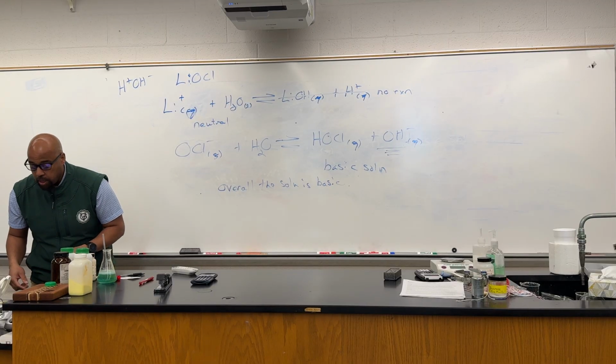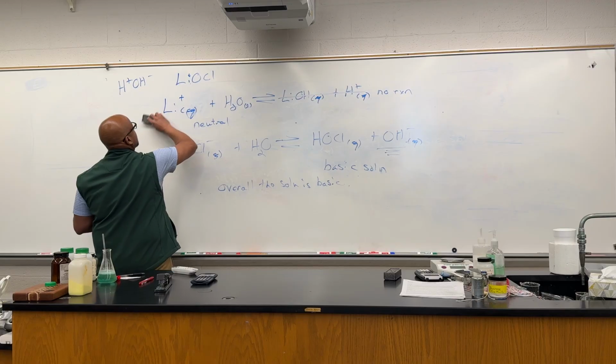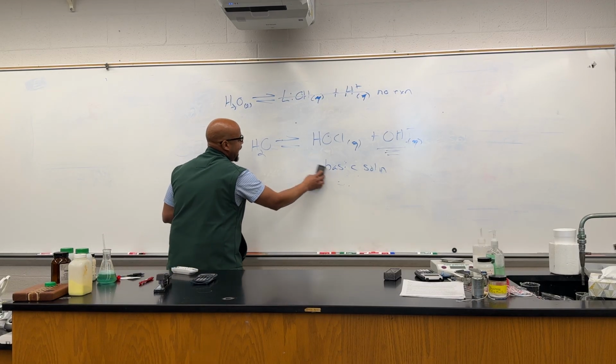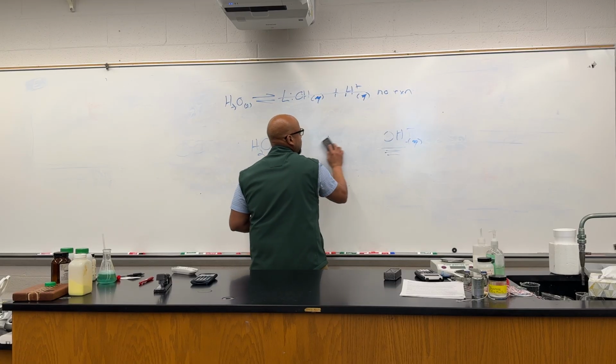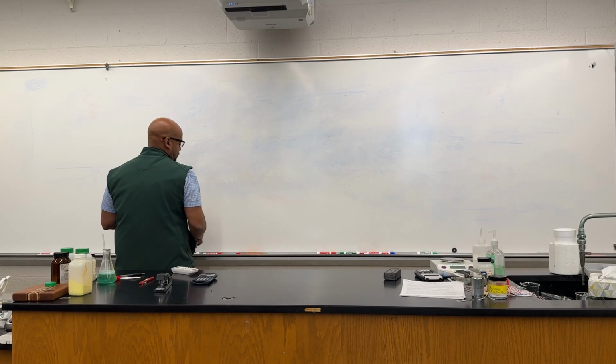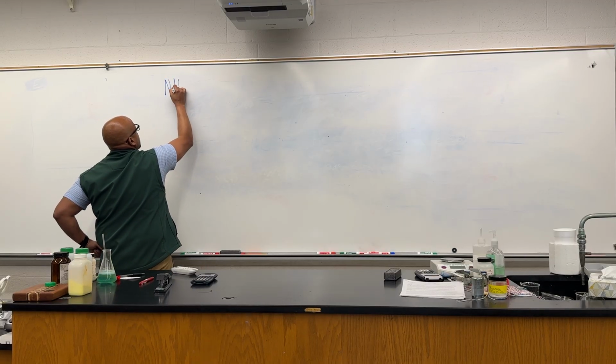All right, here we go. What we are going to do is look at one more problem here, and then we'll go right into the notes, and the notes are going to show the exact same thing that we just went over. What if we had something such as ammonium fluoride?